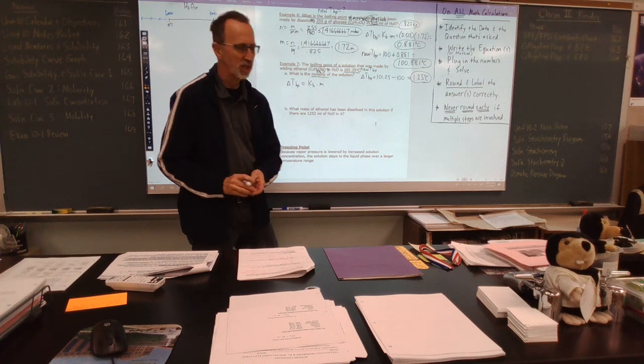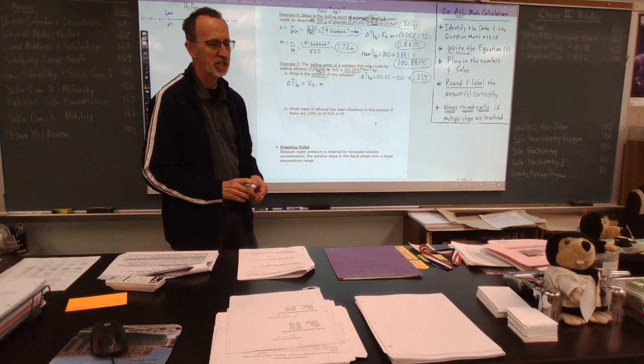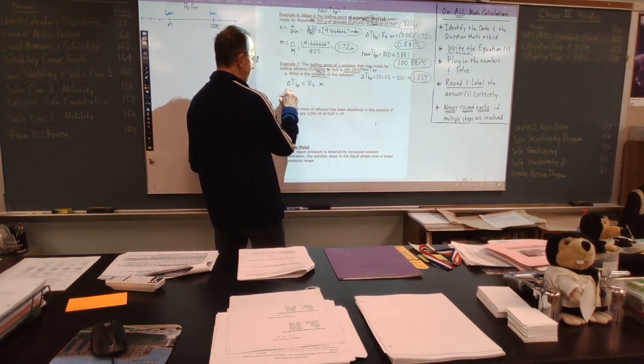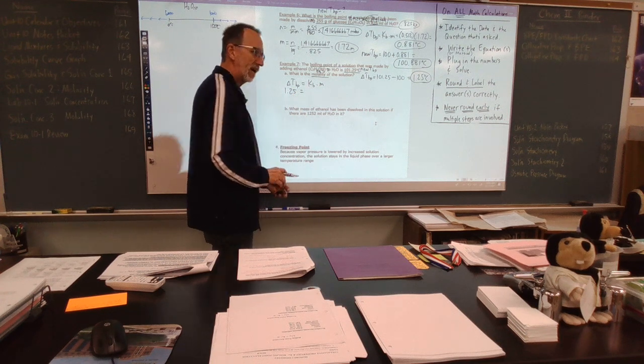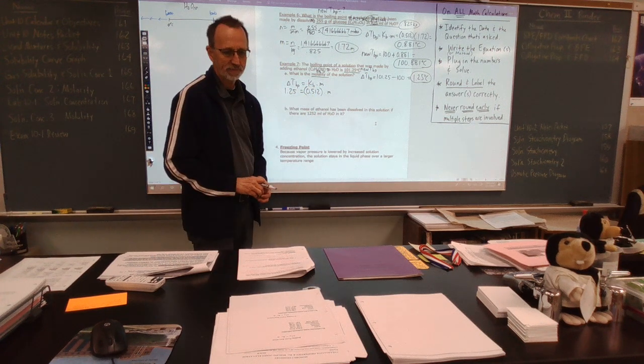That is the change. Again, we're not going to be rounding that. It's an intermediate calculation anyway. So here's the change. That goes here. The Kb for water, we look up on the chart, 0.512, times the molality.